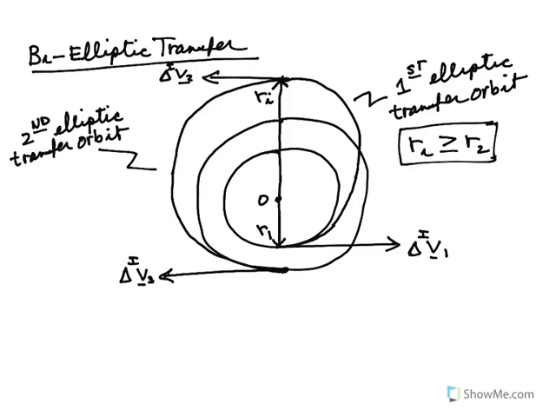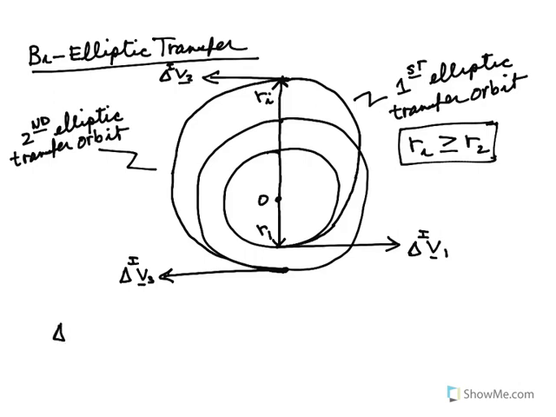Now, let's look at the details of how each of these impulses is employed and their magnitude, so we can get the total delta V for the BiElliptic transfer. So the first impulse, delta V1, I'm going to work with magnitudes now.